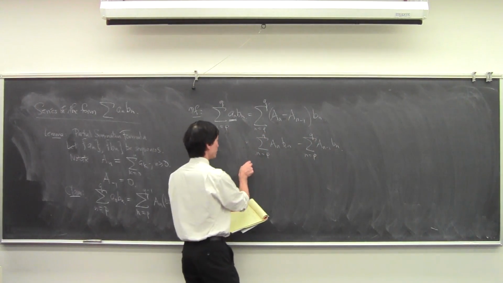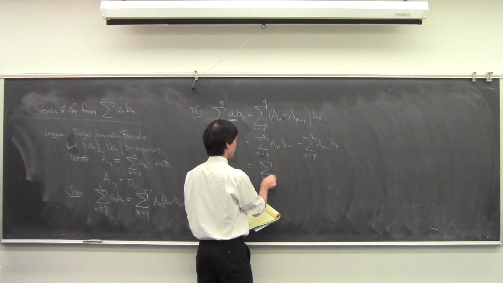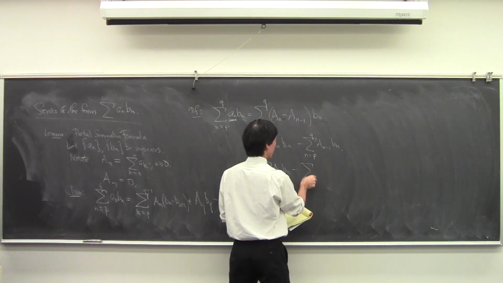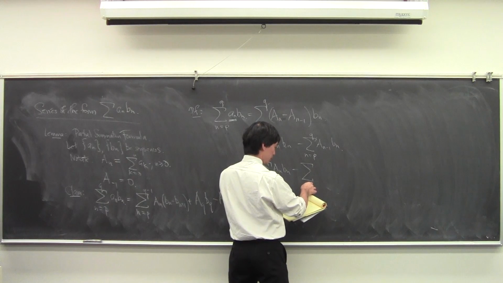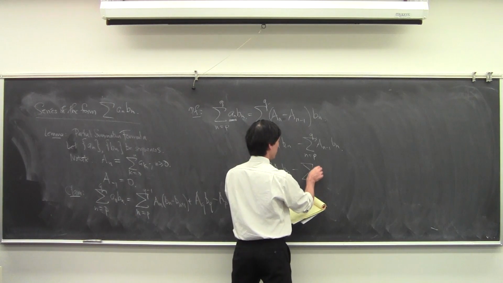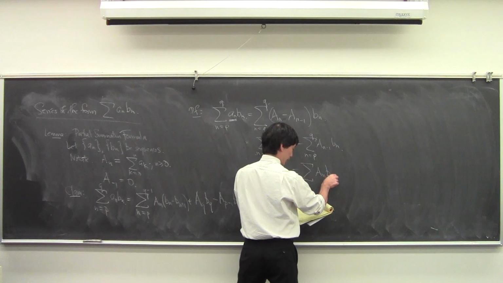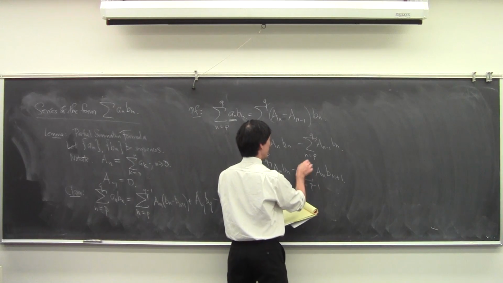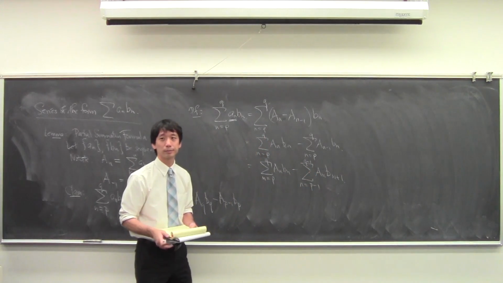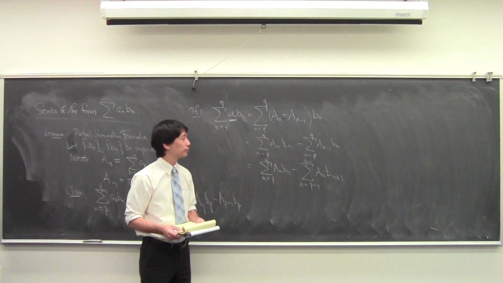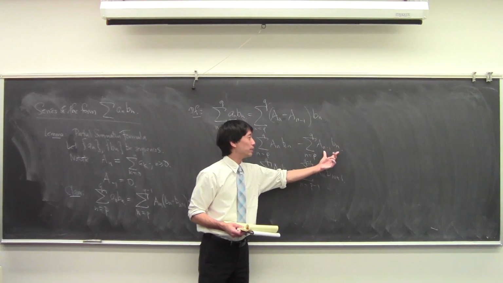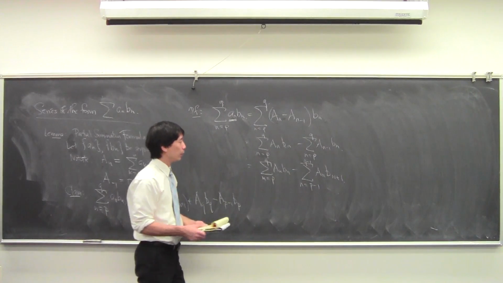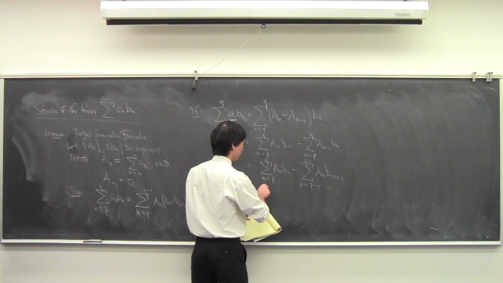The next thing I'm going to do is shift the index up by 1, so I'm going to make this A sub n, B sub n plus 1. That means I have to shift these down, so n goes from p minus 1 to q minus 1. I'm adding 1 to the indices, so I'm subtracting 1 from the range of the index. And of course the next thing I'm going to do is combine them.